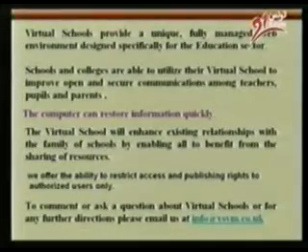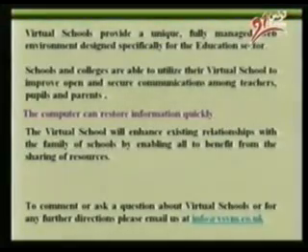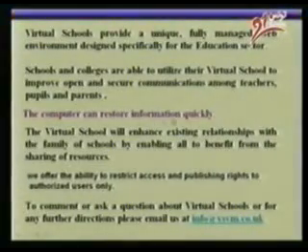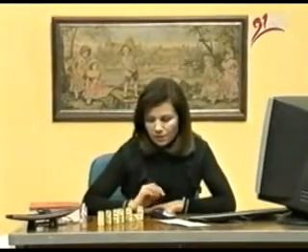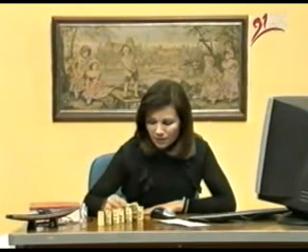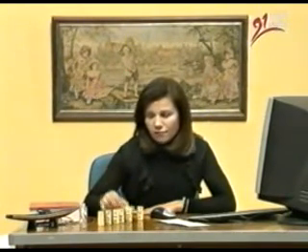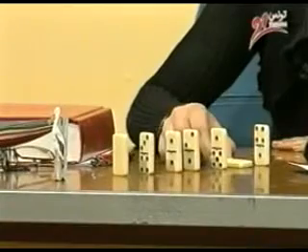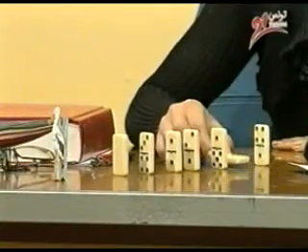Right. The second problem that you have here is the following sentence. The computer can restore information quickly. Now, which one here represents this problem? Of course, you can deduce that here I have something that's not really necessary for the progression in my writing, and it's not really related to the topic that I speak about.